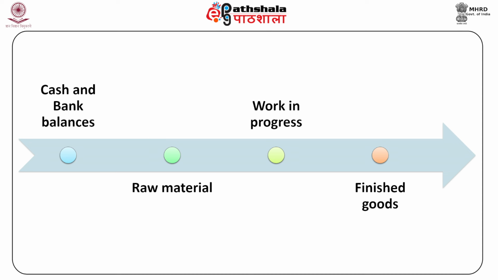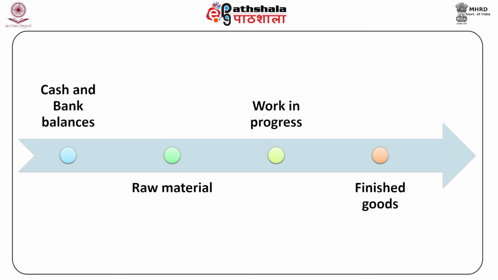It is very difficult to measure each individual unit of work in progress depending upon its level of production. So we can assume that all work in progress units are on an average 50% complete with respect to labor and overhead expenses, but raw material is 100% complete.